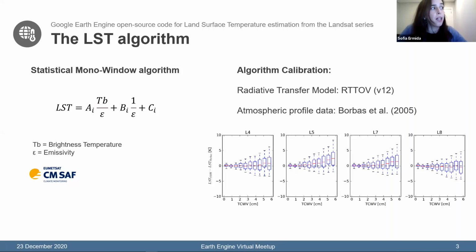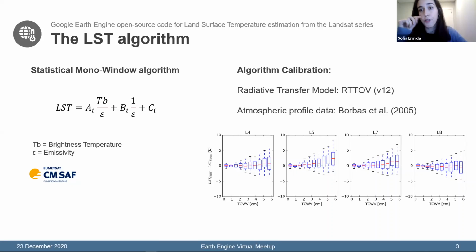And this was developed by the ClimateSat for the older generation of satellites that also only had one channel. And this is a very simple algorithm. It's a simple linear regression that depends on the brightness temperature of the infrared channel, and then requires an estimate of surface emissivity.